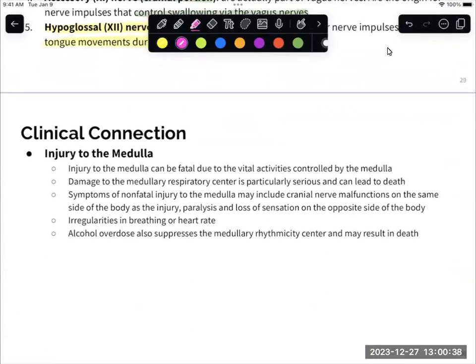So what happens if this medulla gets injured? Well, because we have our cardiovascular and respiratory centers in there, it can be fatal. Damage to that respiratory center can lead to death.